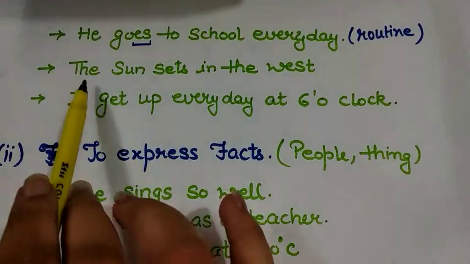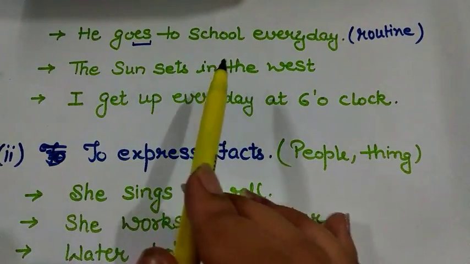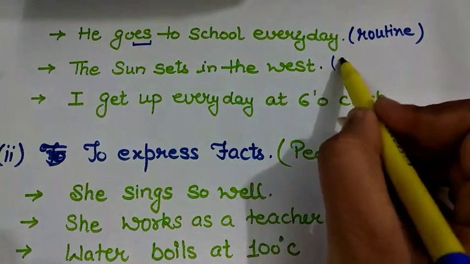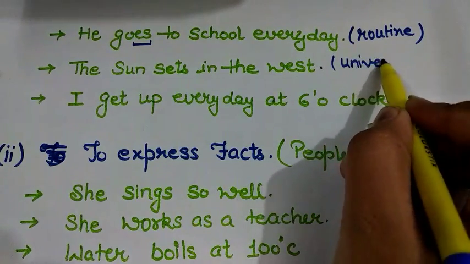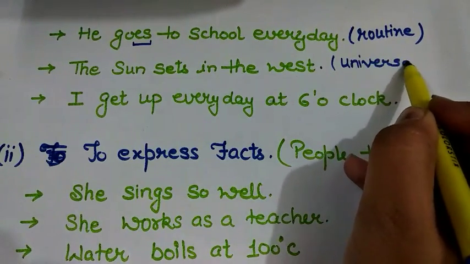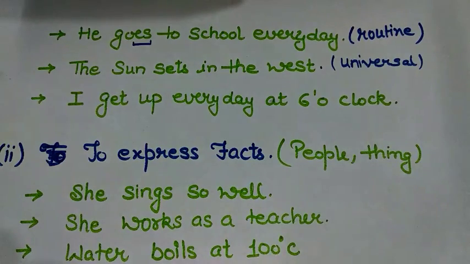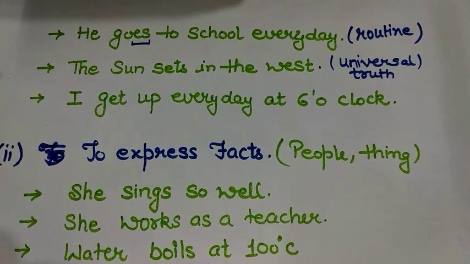Now see, the sun sets in the west. It's a universal truth that every day, every evening, the sun sets in the west. So we used simple present tense here.